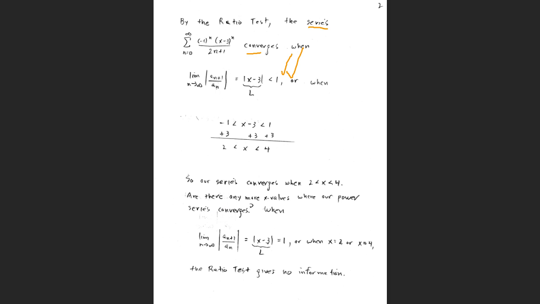Maybe I can put that above here: absolute value of x minus 3 less than 1 means that x minus 3 is between -1 and 1. And that inequality becomes that x is between 2 and 4. So our series will converge when x is between 2 and 4.